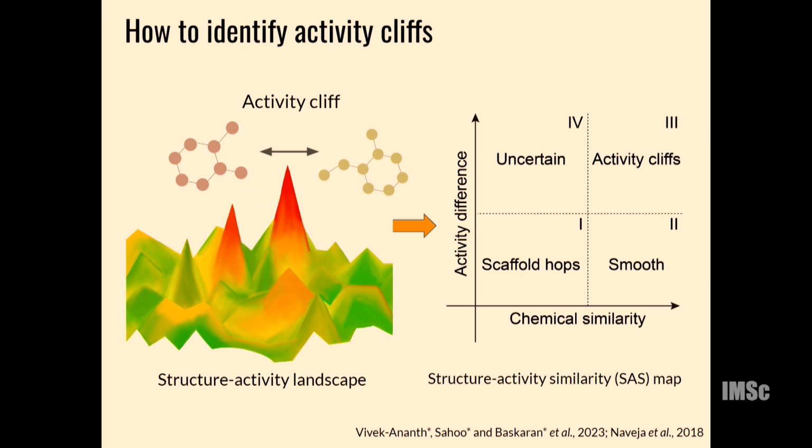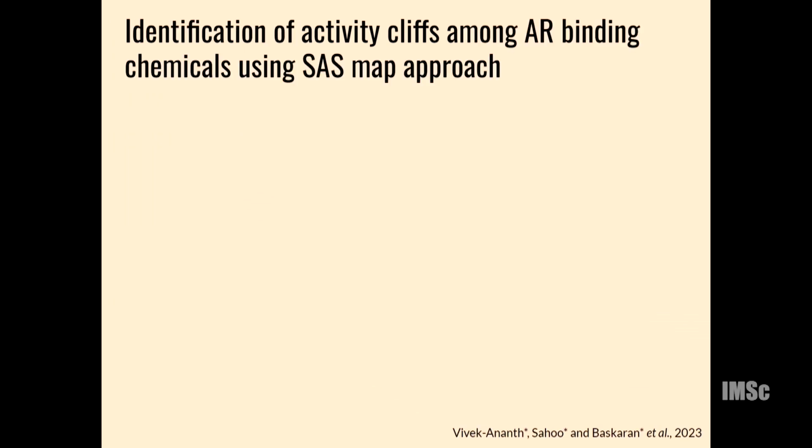With some threshold of chemical similarity and activity difference, one can have 4 different quadrants, and the quadrant that is important for us is the 3rd quadrant. All the chemical pairs which fall into that quadrant are highly similar, but they have a large difference in activity, which is called activity cliffs, and we are particularly focusing on this quadrant.